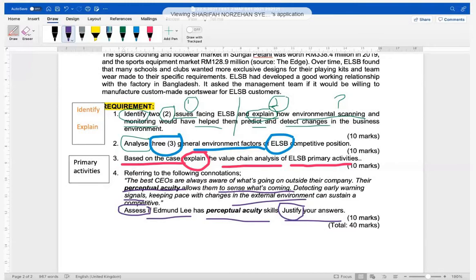So basically, they're not telling you how many, and you have 10 points. How many justification do you need, and how many assessment do you need? Bila dikata assess, apa maksud assess?